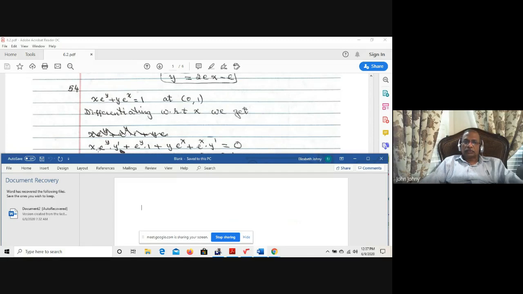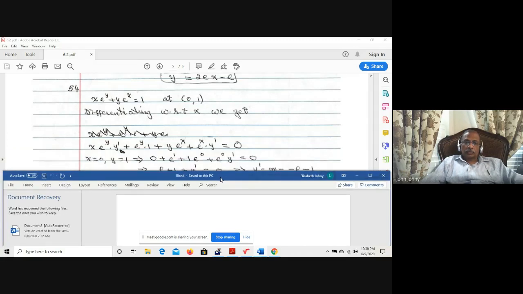So x times e to the y times derivative of y, that is y prime, plus second function times derivative of x, that is e to the y times 1, plus now differentiate the second function, first function times the derivative of the second, y times e to the x, plus e to the x times y prime, and the right side is 0, derivative of 1 is 0.